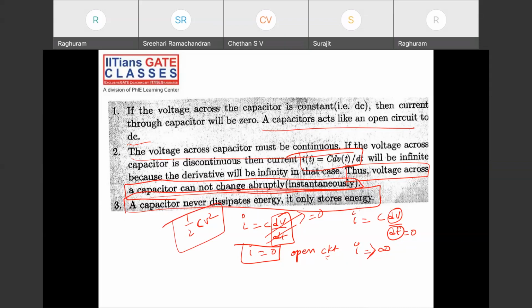Resistor dissipates energy in the form of heat. Capacitor stores energy in the form of electrostatic field, and inductor stores energy in the form of electromagnetic field. Okay, so this is about capacitor. Capacitor acts as an open circuit to DC.